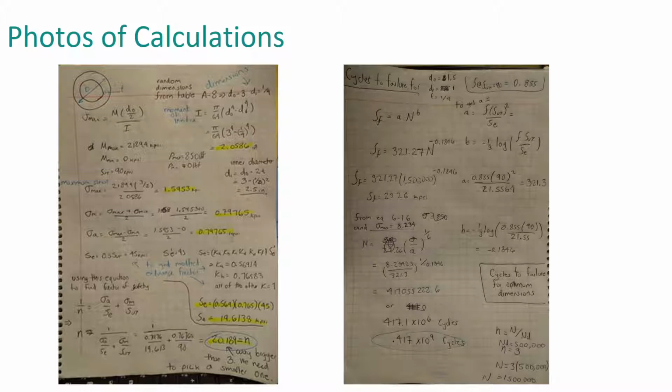In the case shown, the safety factor equals 20.189, approximately 6 times larger than the necessary safety factor. On the right side, the cycles of failure equal 0.417 times 10 to the 9 cycles.